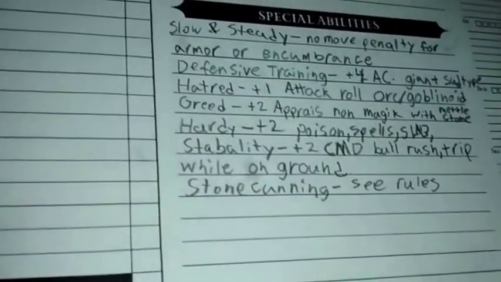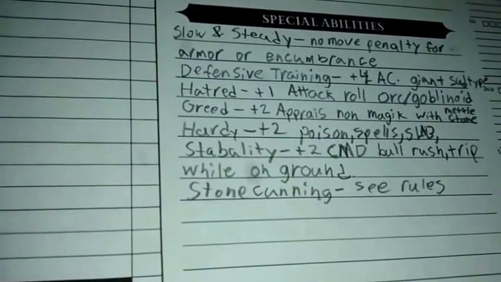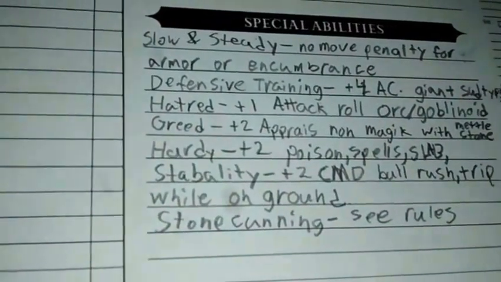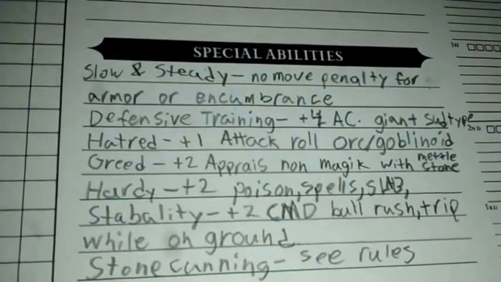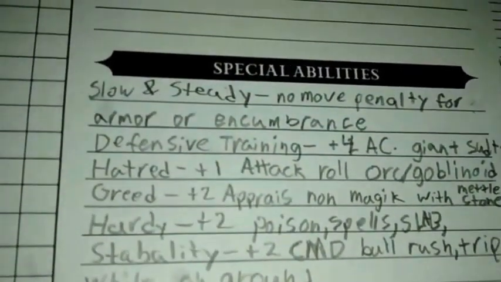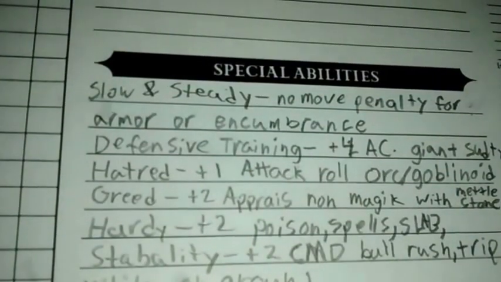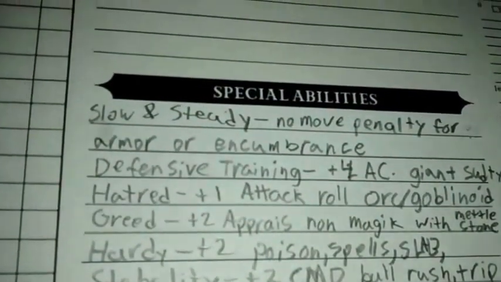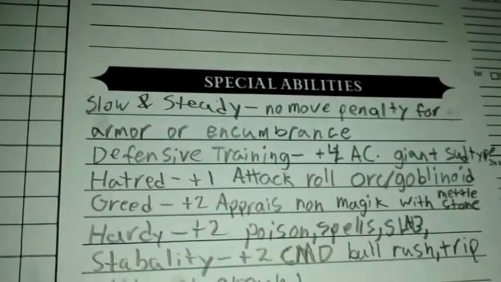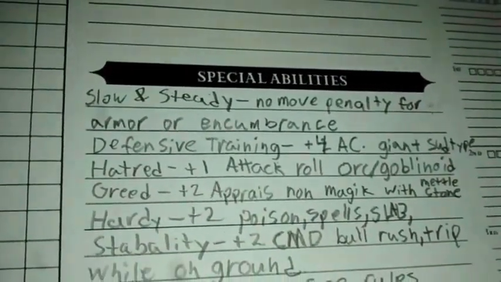So what I like to do is simply write the name, so that if I ever have a problem with the rest of the abbreviated text, I can go back to the rules and find out exactly what it does. And then I put a hyphen to separate the name from the body of the text, and then I put an abbreviated form of what the ability does.